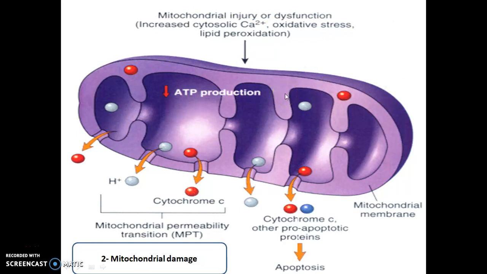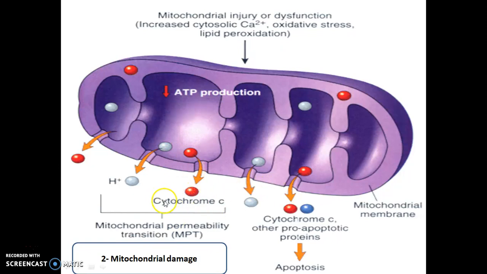What will happen because of increased cytosolic calcium, oxidative stress, and lipid peroxidation? There is decrease in ATP production, and because of this there is opening of the MPT pores, the mitochondrial permeability transition pores, and there is a release of hydrogen ions and cytochrome C from the mitochondria into the cytosol.